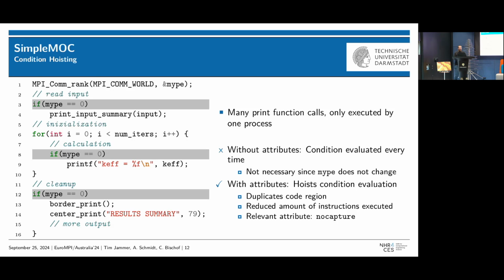In addition to saving the evaluation of the condition, what we also save is the memory access every time, because we do not need to load the myPE variable back from memory again. And again, the relevant attribute here is the no capture attribute, because we need to tell the compiler that the MPI library will not modify my process anymore.